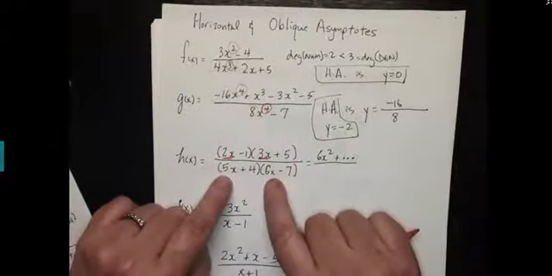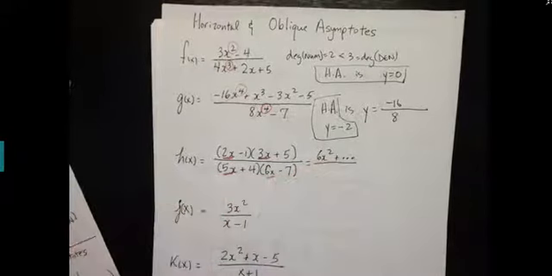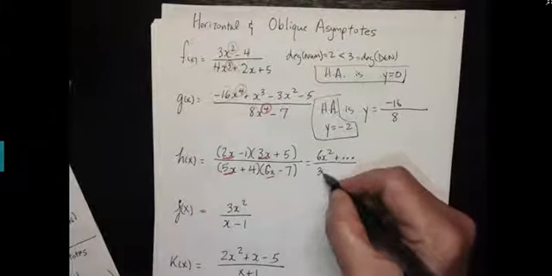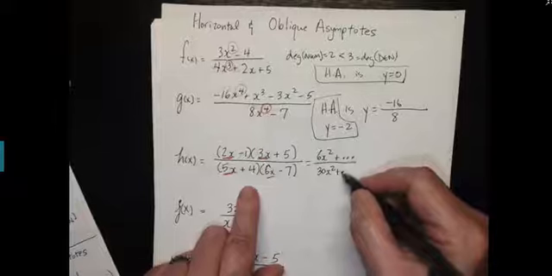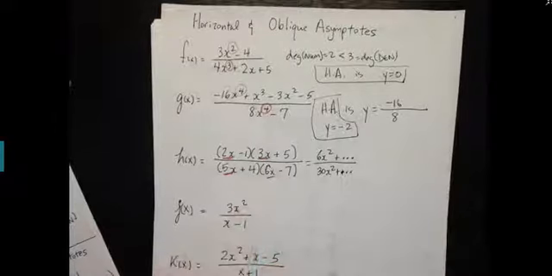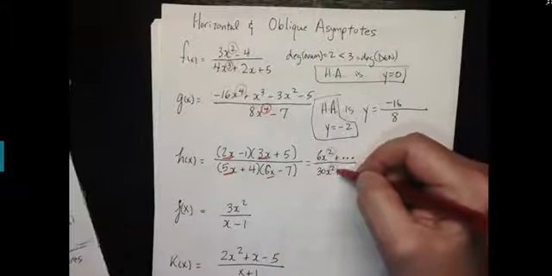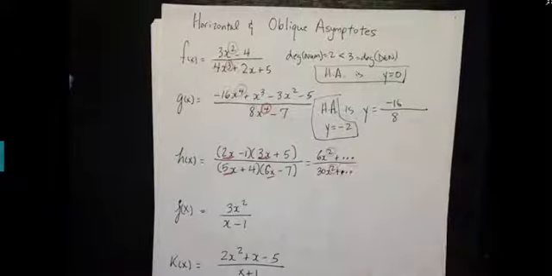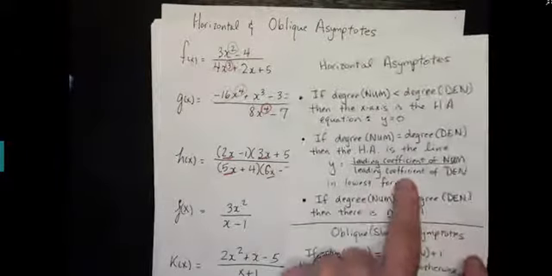What about the leading term in the denominator? It's going to be 5x times 6x, which will be 30x squared. And then I'll have other terms, but it doesn't matter what they are. I just need the leading term. So we can see that the degree of the numerator and the degree of the denominator are the same. So we're in this case.